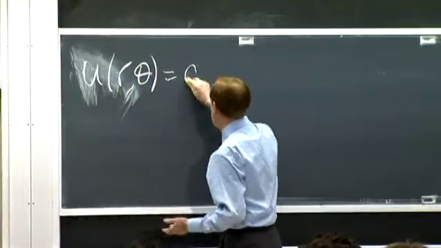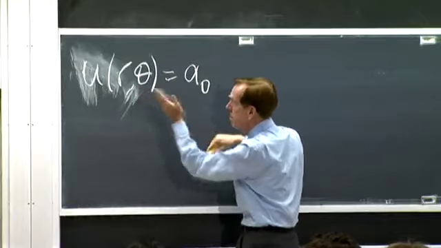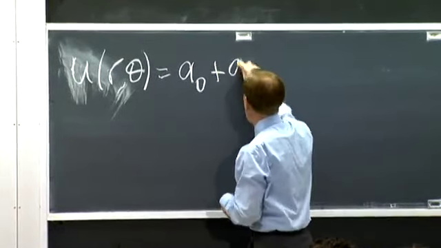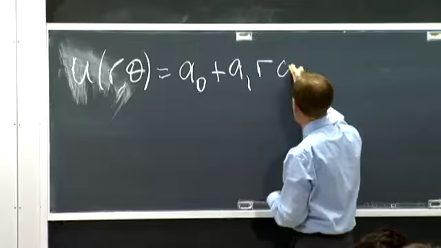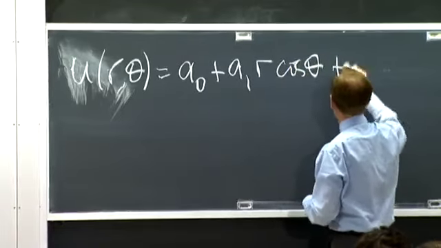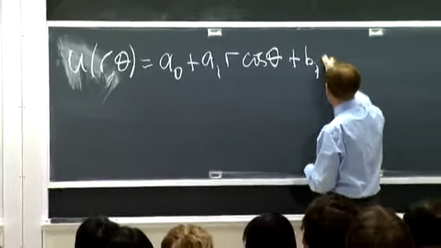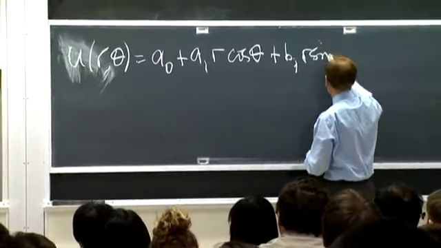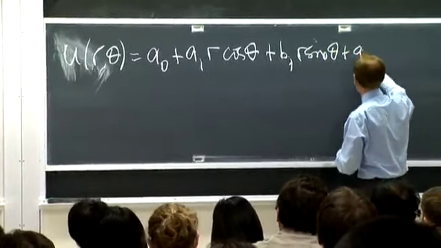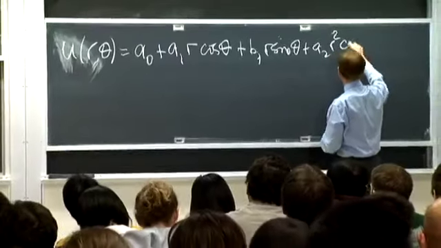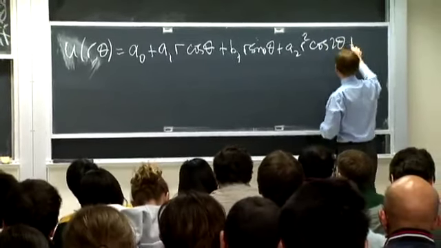The solution is of this form. It's some a0, the constant, and then an a1 r cos theta, and a b1 r sine theta, and a2 r squared cos 2 theta, and so on.